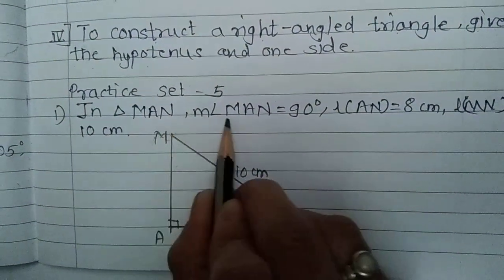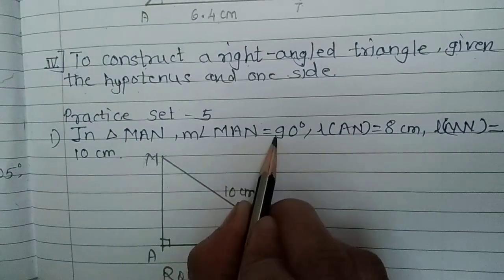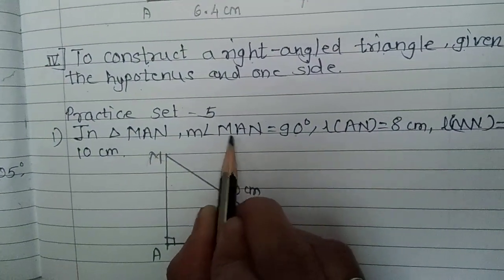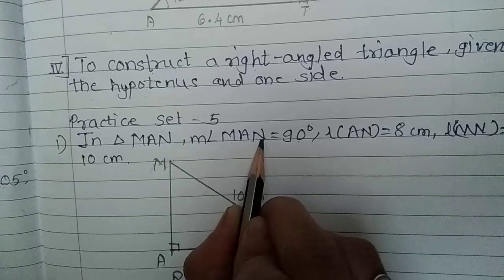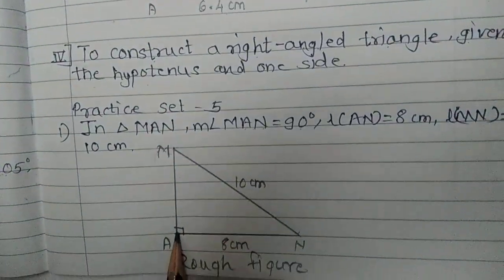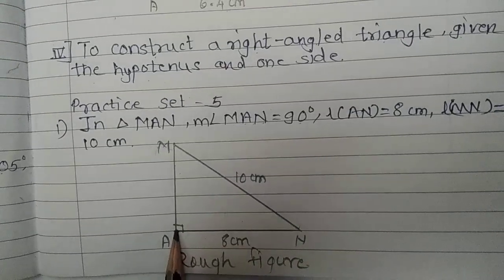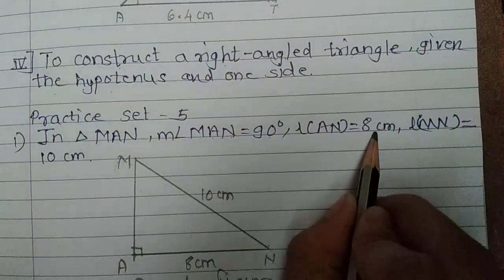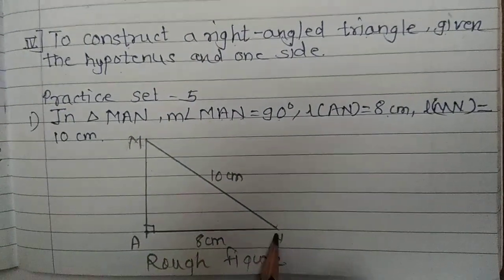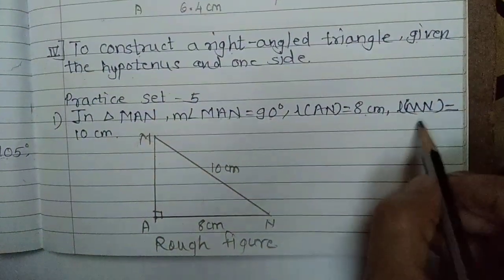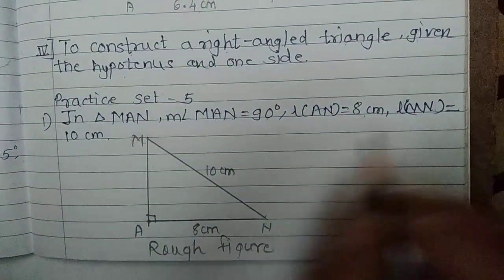In this example, the measure of angle MAN is given as 90 degree. We can also call it angle A. Angle A is 90 degree. See here, I have taken angle A as 90 degree. Then length AN is 8 centimeter. And length MN is 10 centimeter.